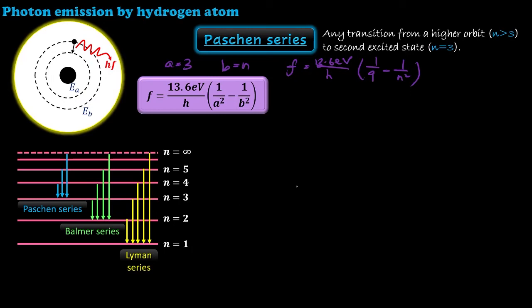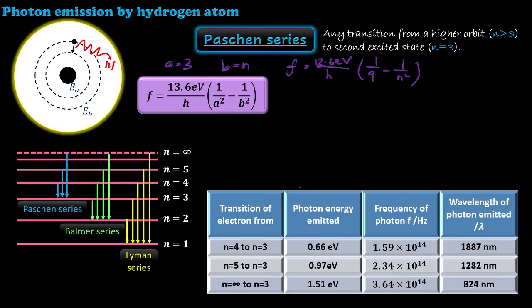By substituting the values into the formula, you will get this table. In other words, for photon emissions through the Paschen series, you will produce this as your minimum energy, this as your minimum frequency, and this as your maximum lambda, from the transition of 4 to 3.